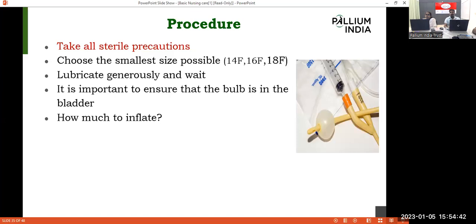Very good. 25 to 30 ml, 10 ml, 15 ml, 10 to 30. It is mentioned on the catheter, a 30 to 50 ml capacity is there for that bulb. 15 to 20 ml.